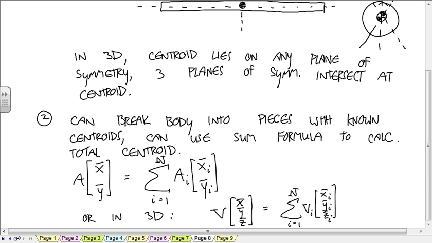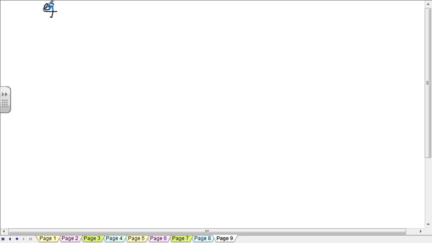So an example of when this would be useful is if you're trying to calculate the centroid of a shape like this. You wouldn't want to have to do this as an integral. That'd be a huge mess.